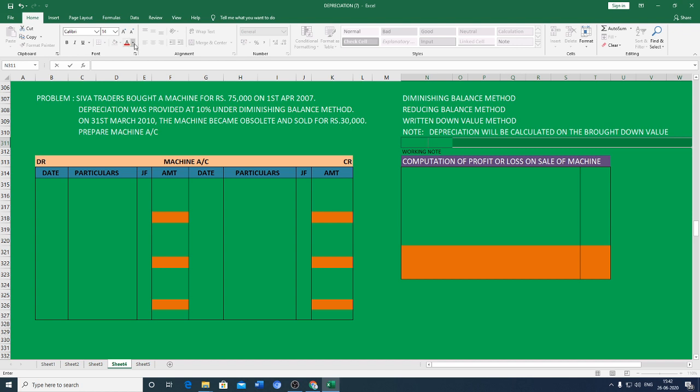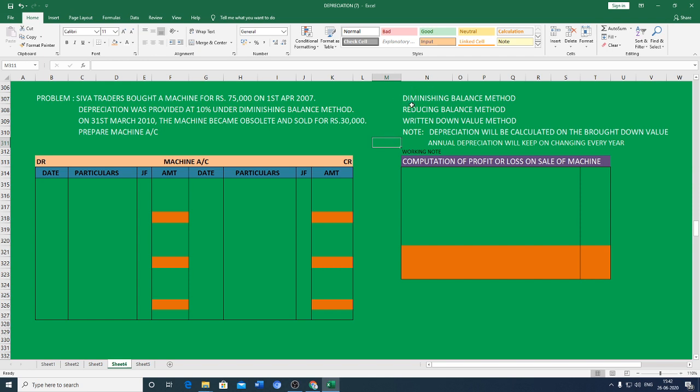Annual depreciation will keep on changing every year. Please remember that. These are the two important points to be noted. I hope you have understood the difference between the fixed installment method and the diminishing balance method.